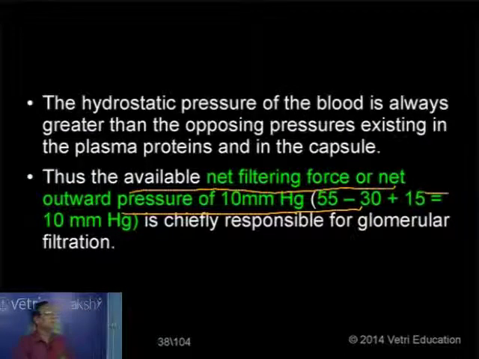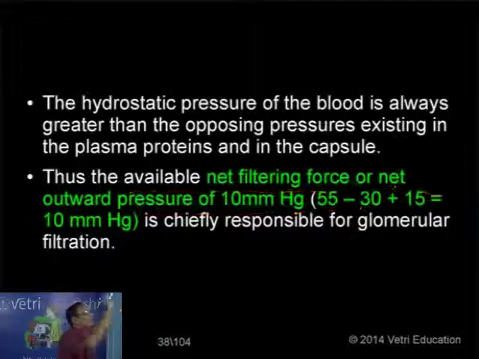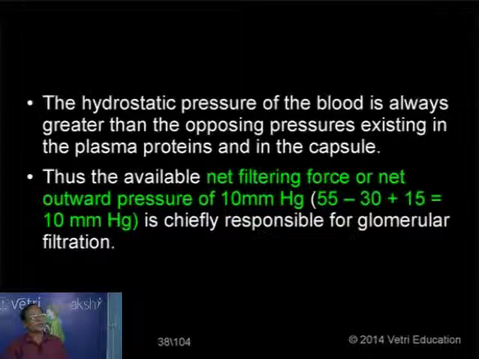Now, the hydrostatic pressure of the blood is always higher, 55 millimeter mercury, when compared to the opposing pressures, the ones existing in the plasma proteins and in the capsule. So we have just two pressures opposing the hydrostatic pressure of the blood. One is the blood colloidal osmotic pressure, created by the proteins, of 30 millimeter mercury. The other is created only by the fluid collected in the capsule, called capsular hydrostatic pressure, about 15.